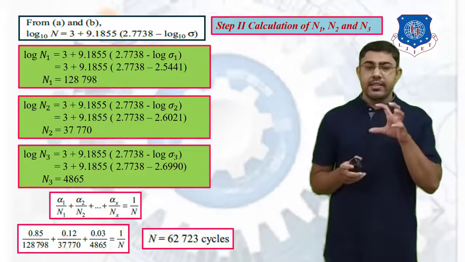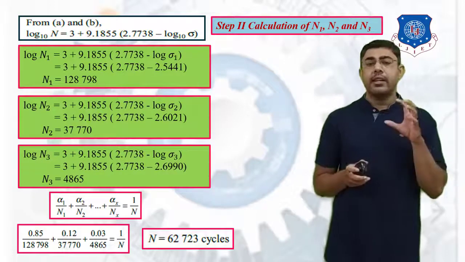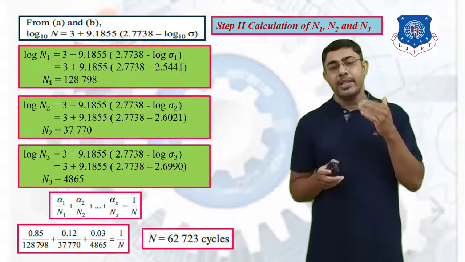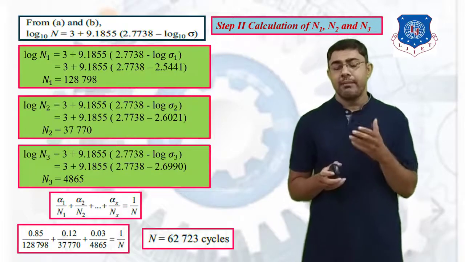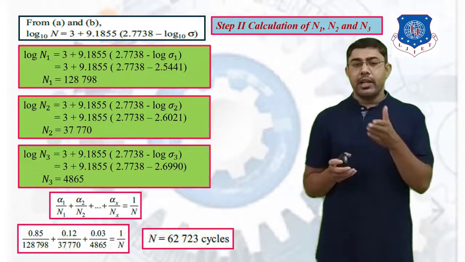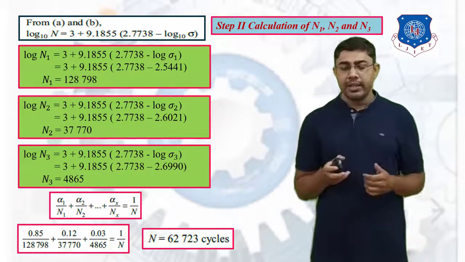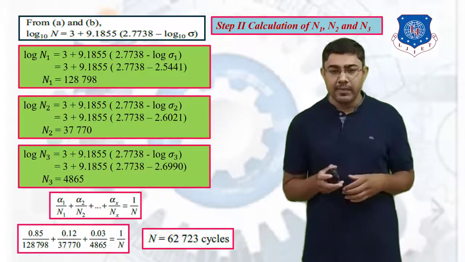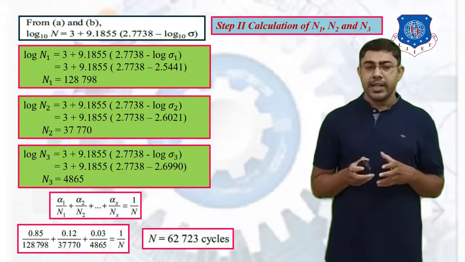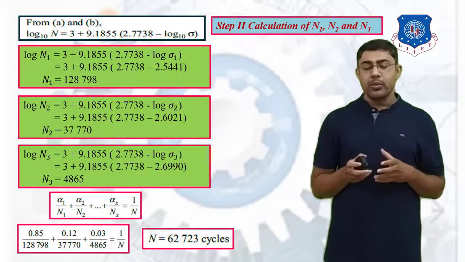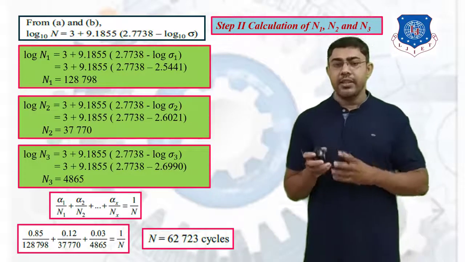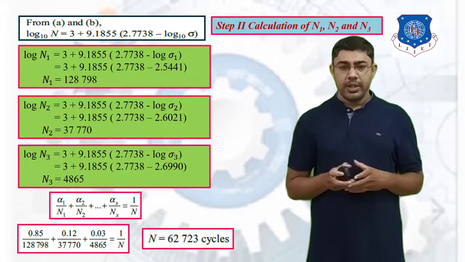So this is the life in cycles when different stress levels sigma 1, sigma 2 and sigma 3 are applied for the particular percentages of total life, that is alpha 1, alpha 2 and alpha 3, as given in our problem. So this is the life cycle, 62,723. Thank you.